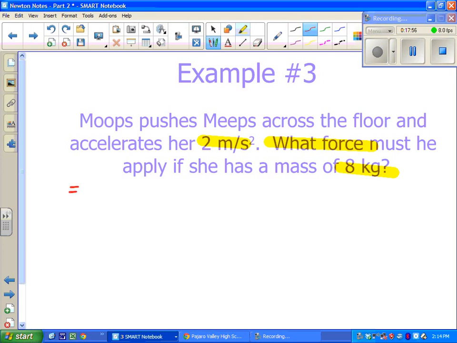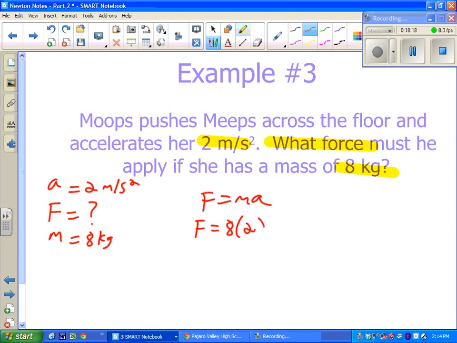So I'm just going to write those down. 2 meters per second squared is my A. What force? And 8 kilograms is my M. F equals ma, which is 8 times 2, which is 16 newtons.